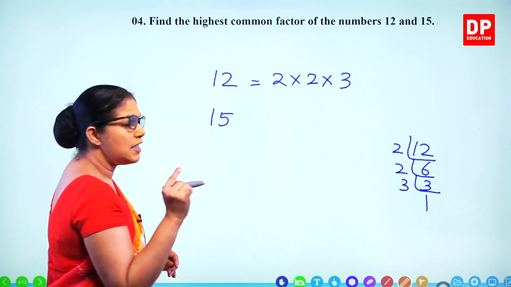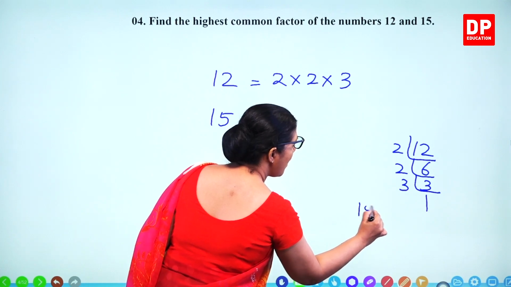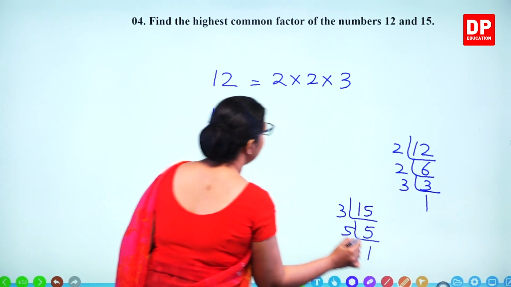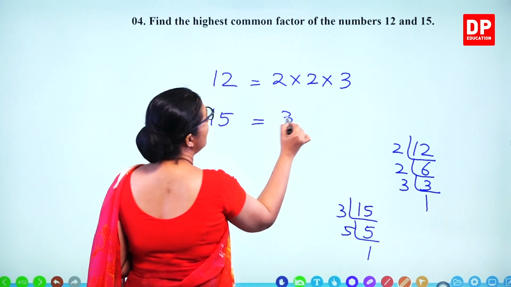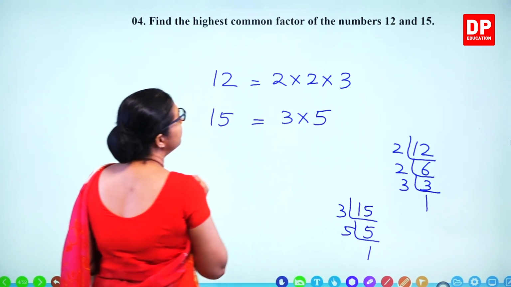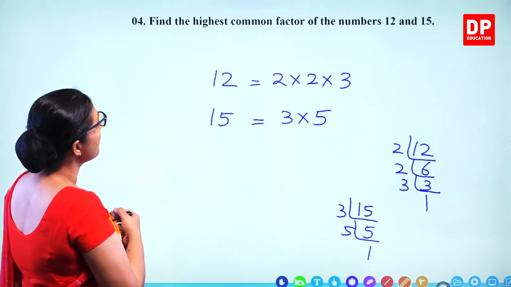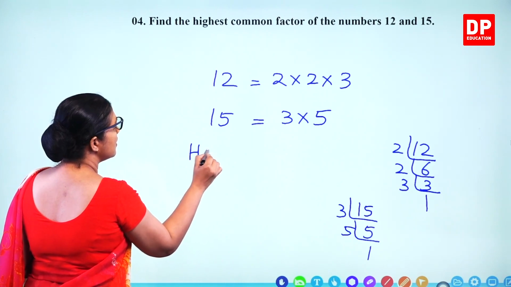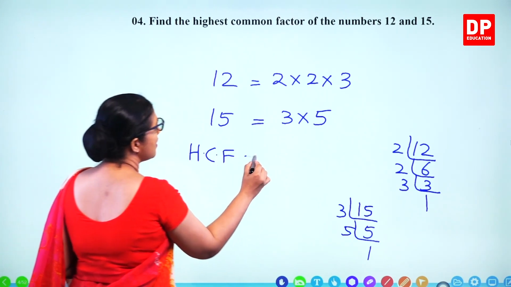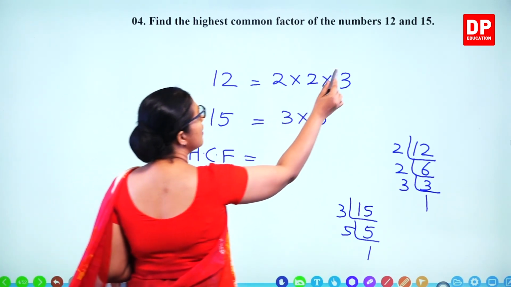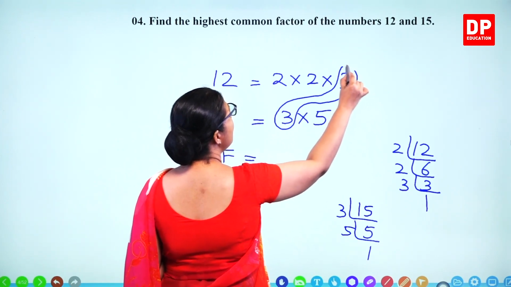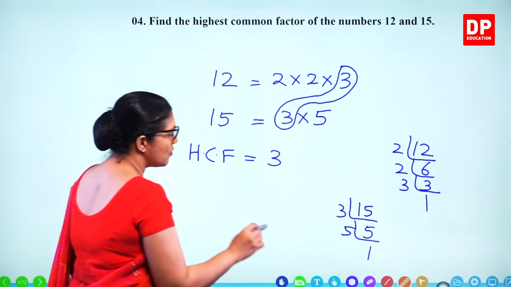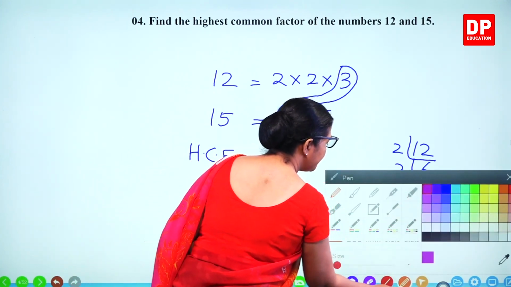What about 15? 15 also you can divide. 3 and then 5. 3 times 5. So highest common factor means common for both. 3 is common. Only 3 is common. So that's the highest common factor. So you get 2 marks for that.